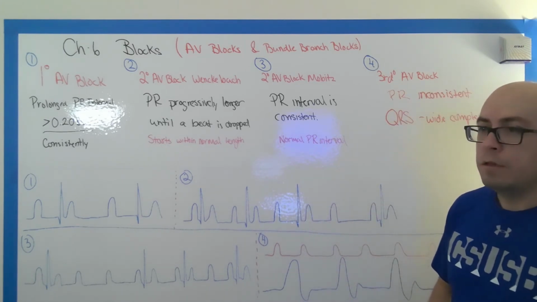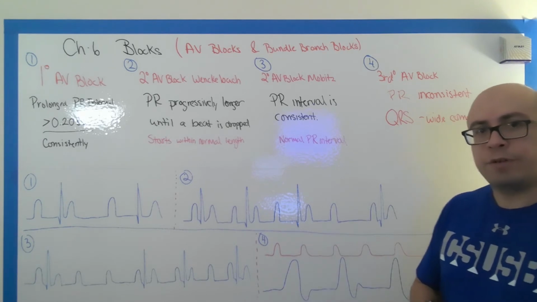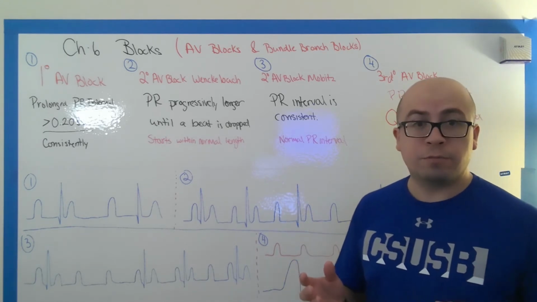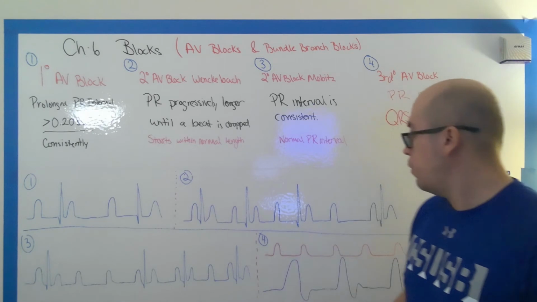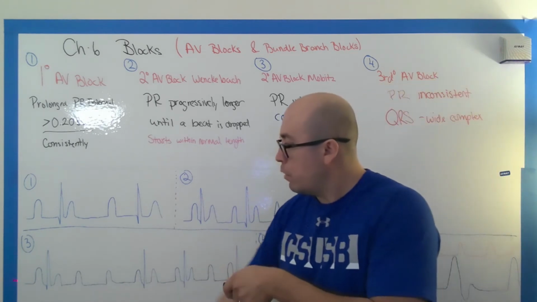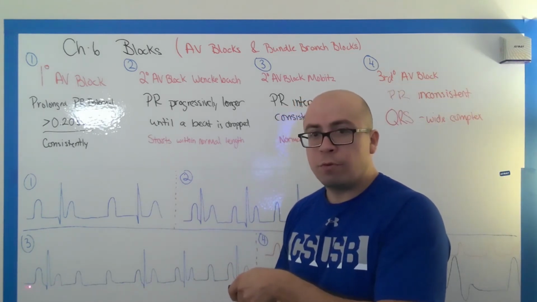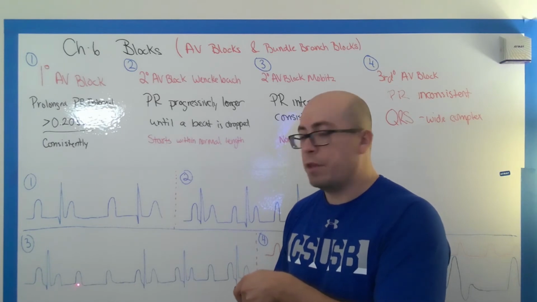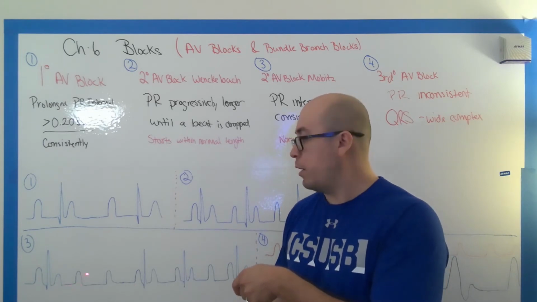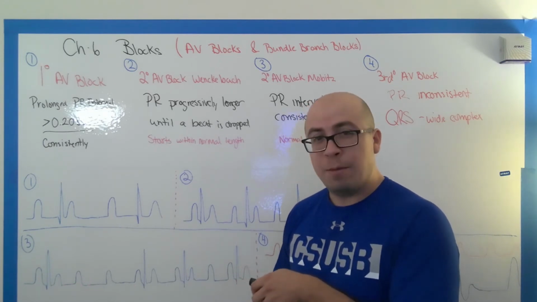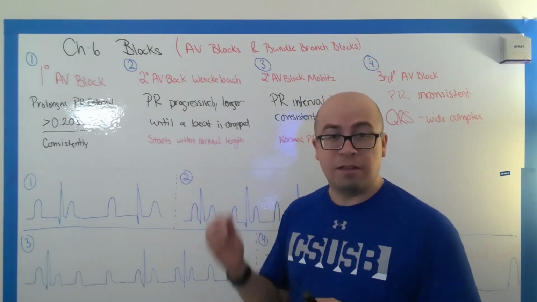Okay. So what you'll see is a series of normal looking sinus beats, right down here, and then we're going to have a P wave with a non-conducted QRS behind it. And what can happen is we can have that back to back in Mobitz.